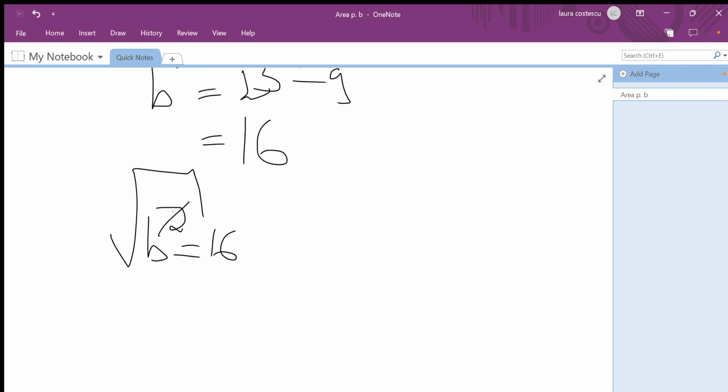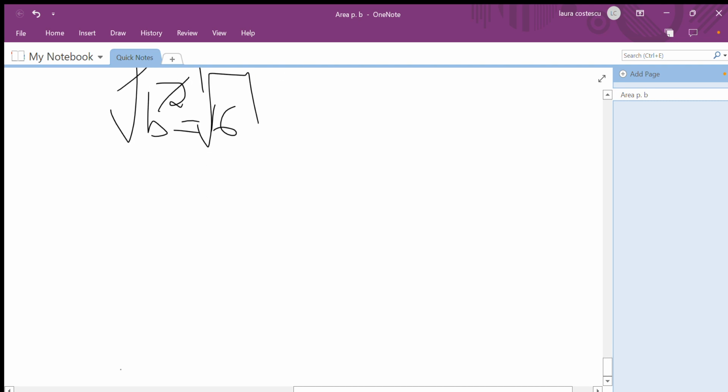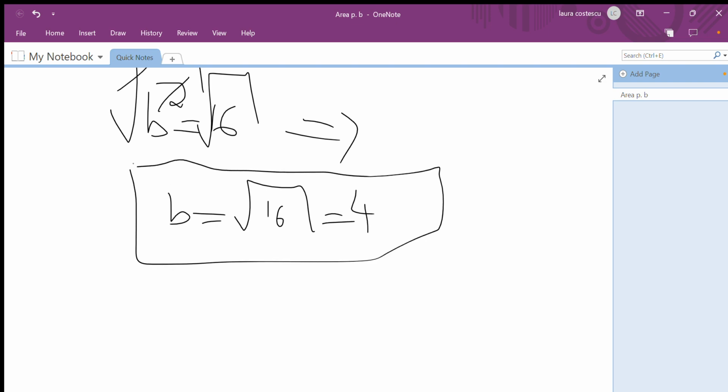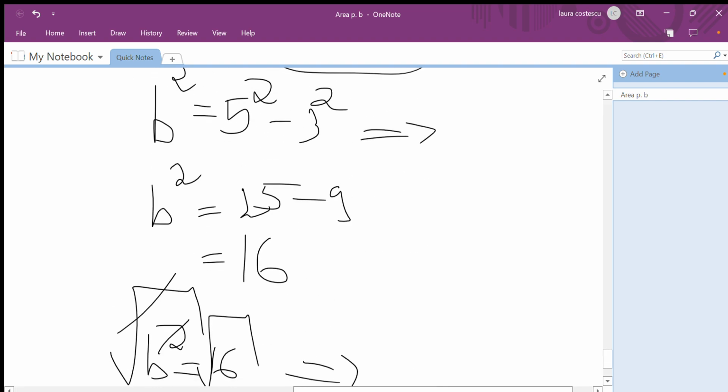We have to take the square roots of both sides, cancel the second power with the root, and this means that b equals square root of 16, which equals 4. Here we got our answer for b.